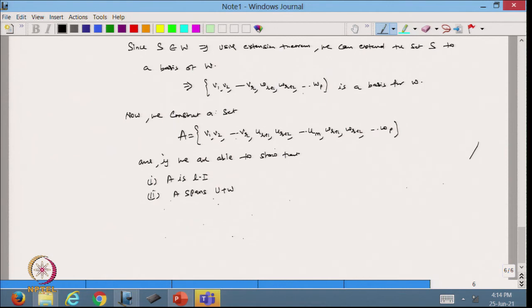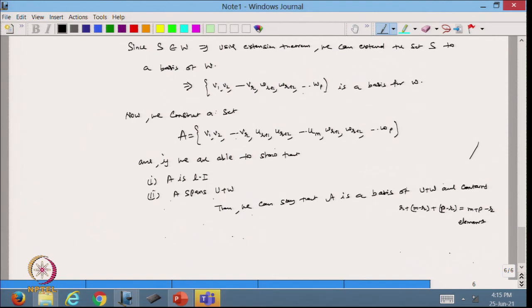then we can claim that A is a basis of U plus W, and it contains R plus M minus R plus P minus R, so that becomes basically M plus P minus R elements.